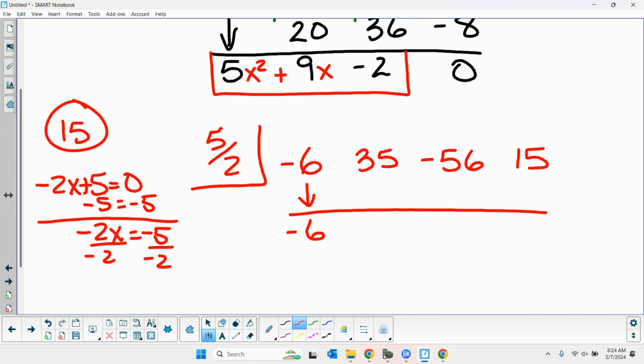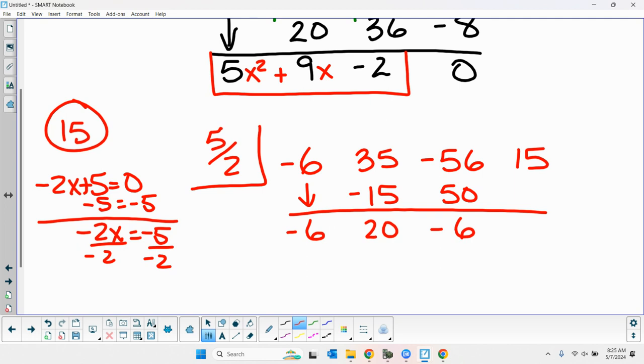Divided by 2, negative 15. What am I supposed to do with these? Add them. What's 35 plus negative 15? 20. What's 5 times 20? 100. Divided by 2, 50. When I add these, what do I get? Negative 6.